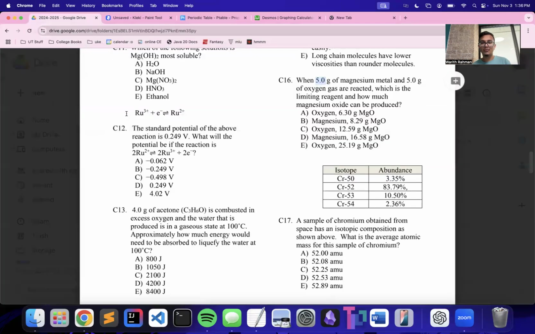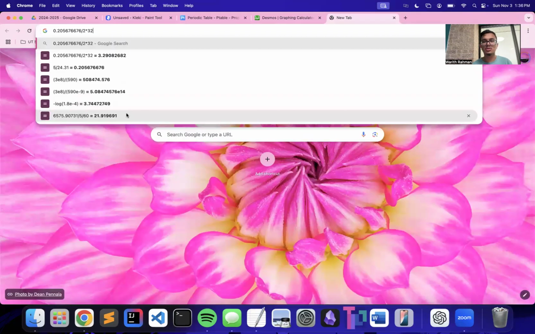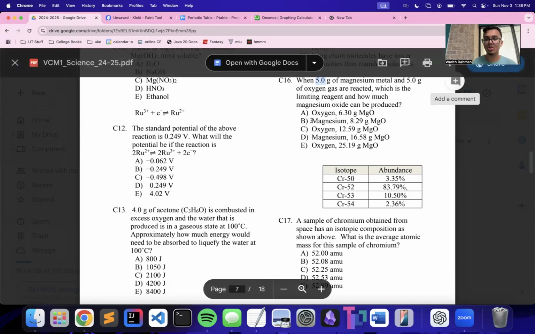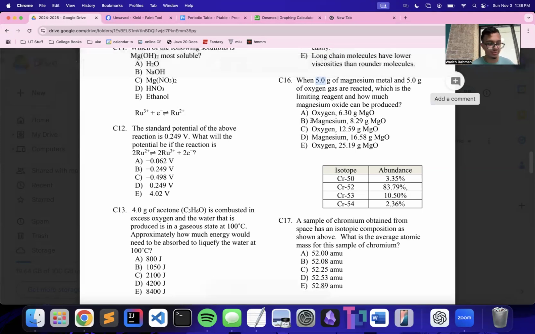For 5 grams of magnesium, we only need 3.3 grams of oxygen, which we do have. So we're not limited by our oxygen because we have enough of it. What we are limited by is our magnesium. That makes our answer only either B or D. Because we are limited by our magnesium, we go based on the magnesium for how much we can make.